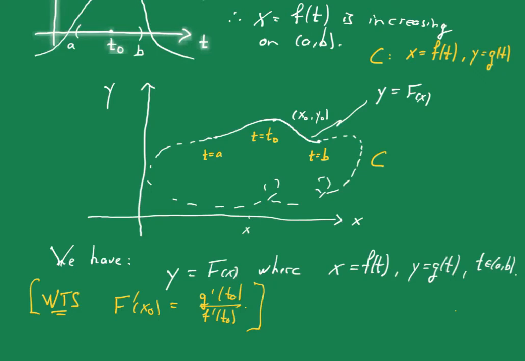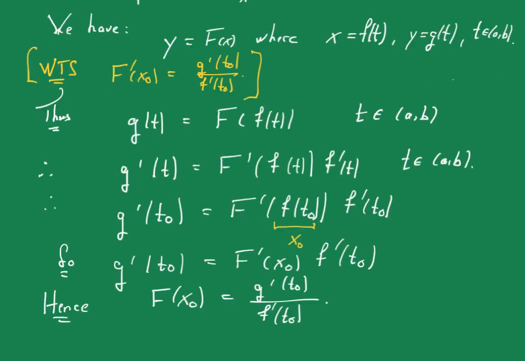In other words, we want to show that it equals dy dt at t naught, that's g prime of t naught, divided by dx dt at t naught, that's little f prime of t naught. If we can now derive this statement here, what we have in the yellow, we'll be done.